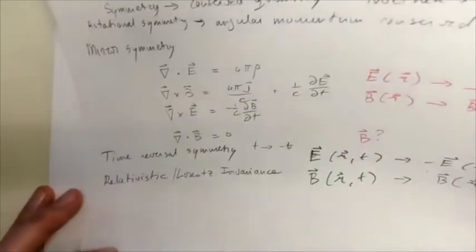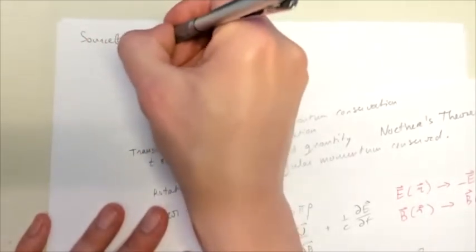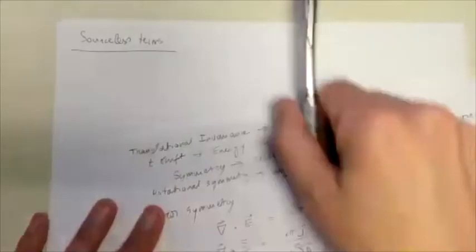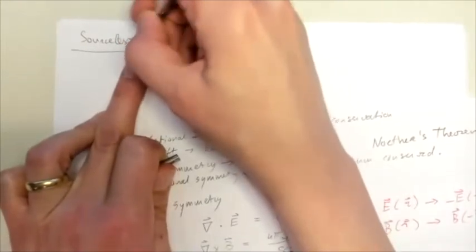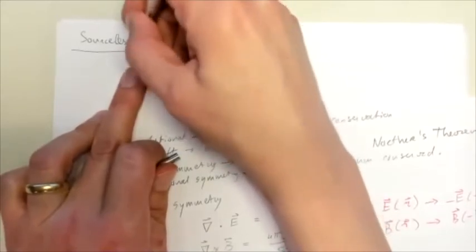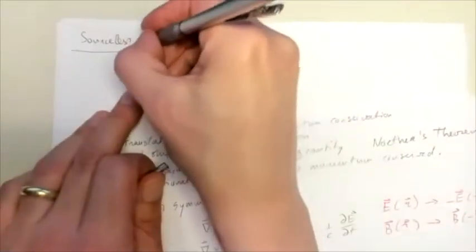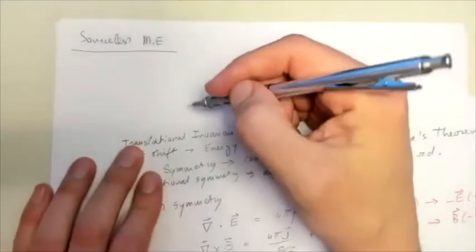Now, let's talk about the duality in E and B. So let's call these sourceless terms, right? So sourceless Maxwell's equations.